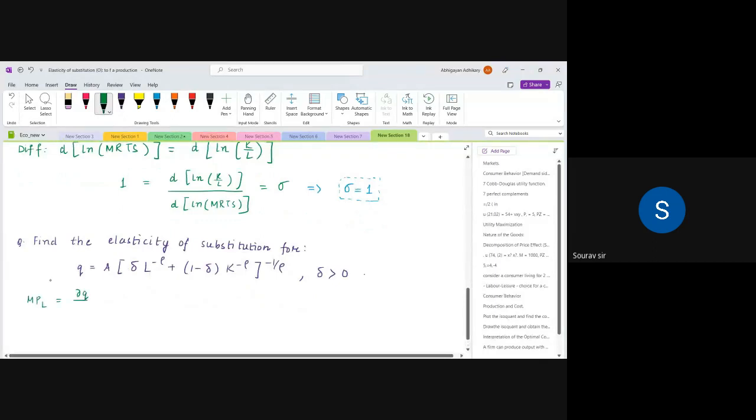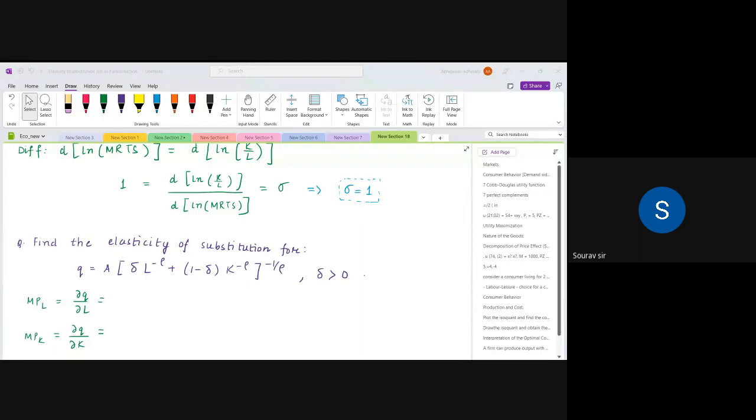We need MPL, which is del Q by del L, and we need MPK, which is del Q by del K. Can all of you quickly calculate these and tell me what's the expression that you're getting? Yes, anyone with the first one? MPL.